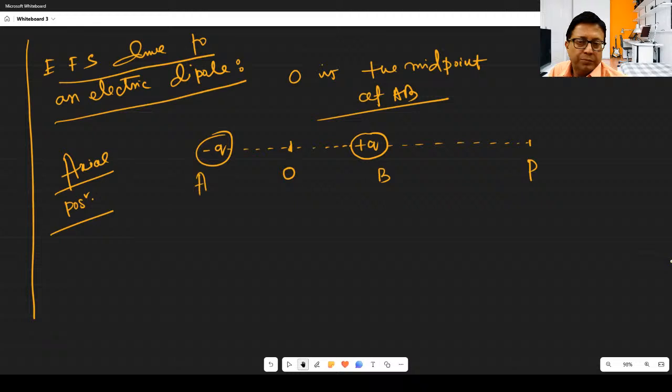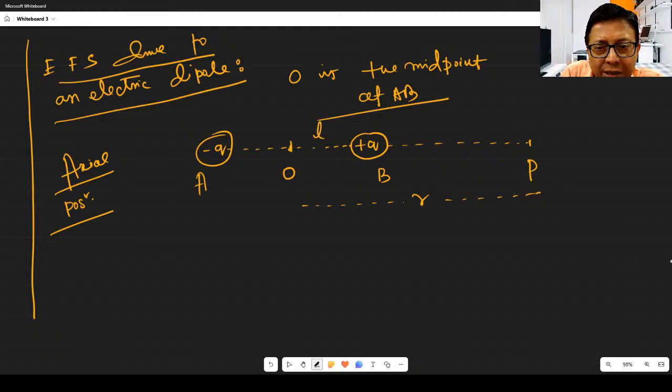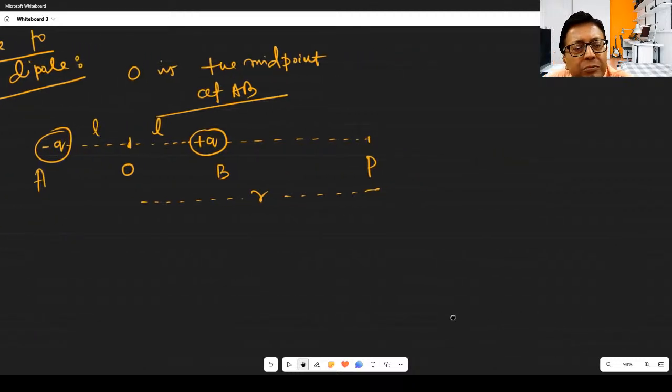Okay? The point P lies on the axis of the dipole. P's distance from O be R. This one L, this one also L. Okay?